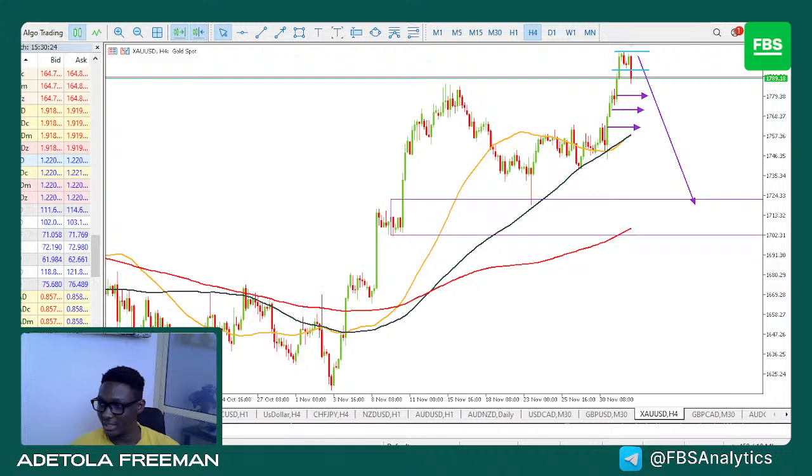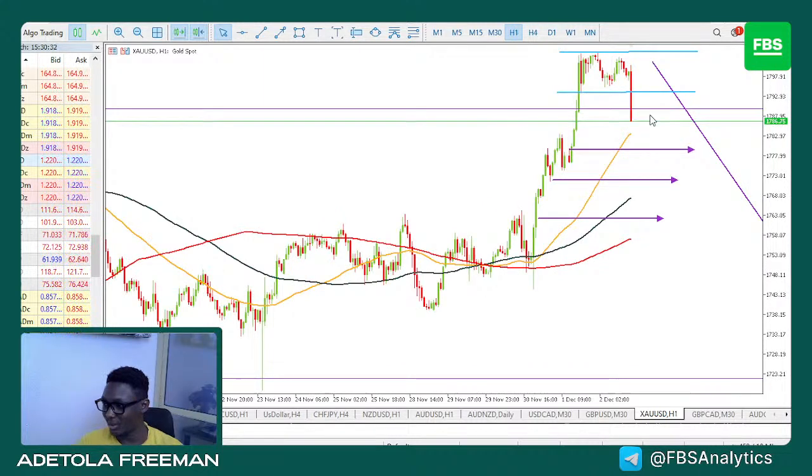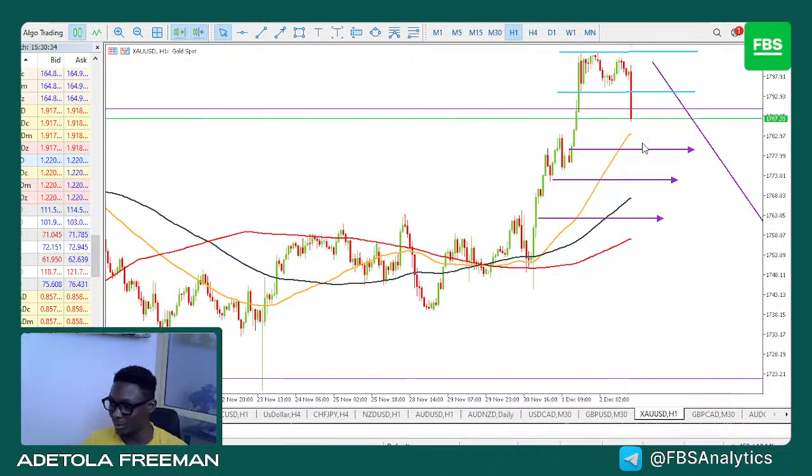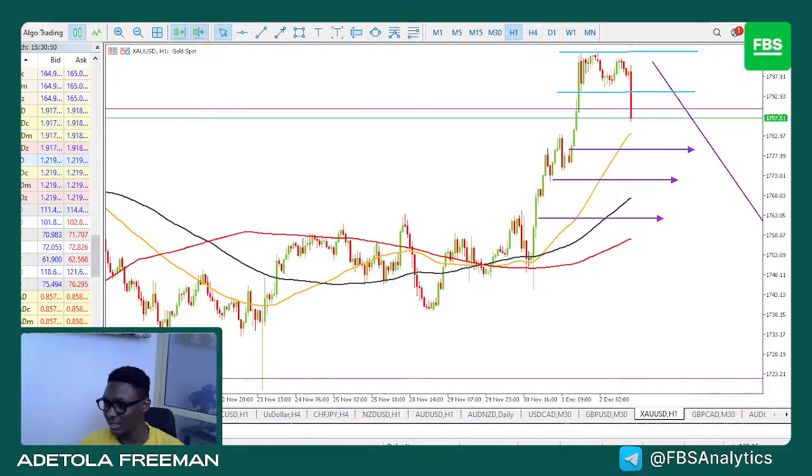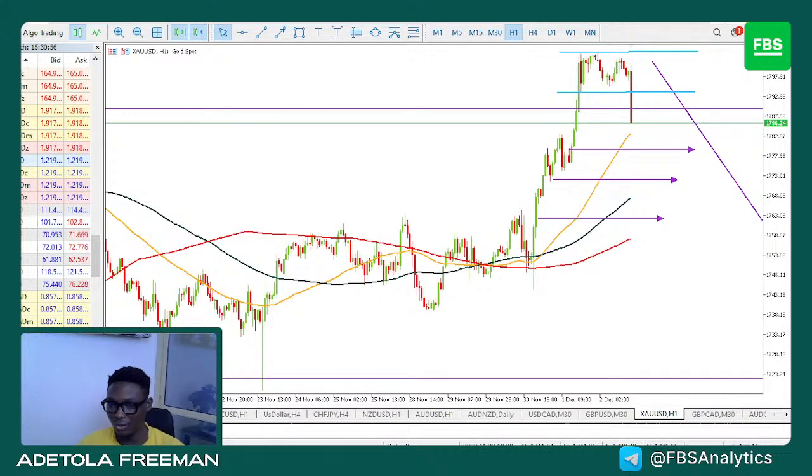As you can see, we've broken out of that zone already, which means that we're selling gold, all the way down to, this is our first target, this is our second target, this is our third target. I'm sure that you guys can see that right now. So TP1, TP2, TP3 in that particular order.